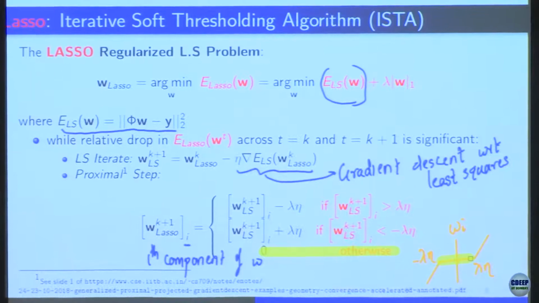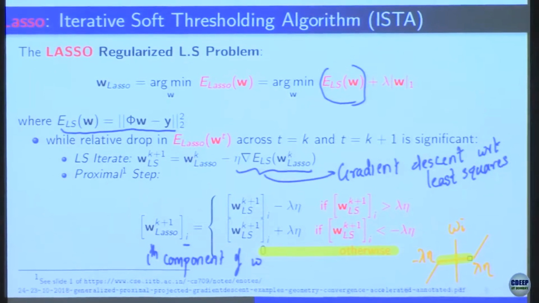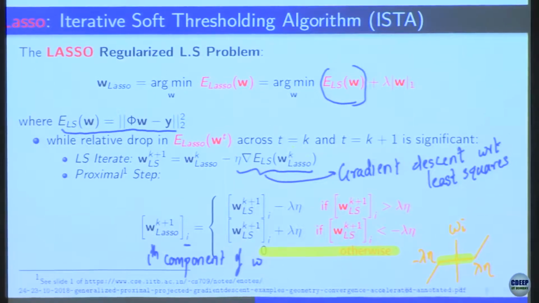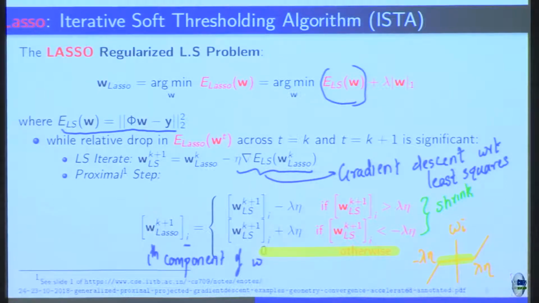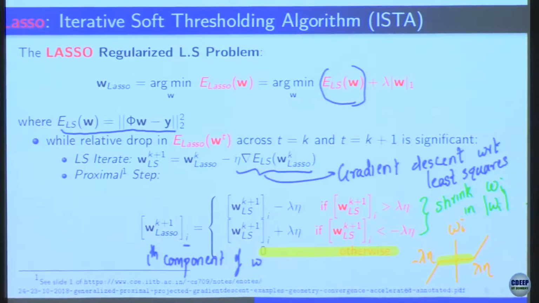Otherwise you are going to shrink it, right? Shrink it in the sense in magnitude. So both these steps shrink Wi in magnitude, in absolute value of Wi. So if it's greater than lambda eta, reduce it.